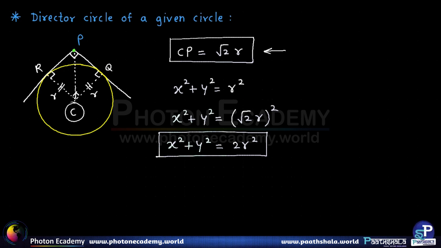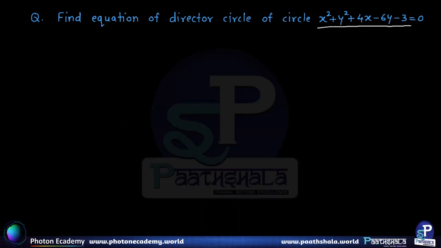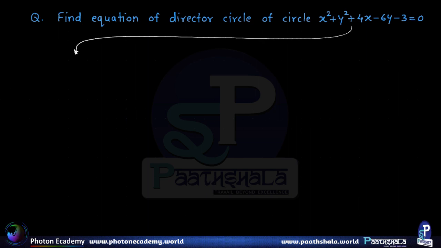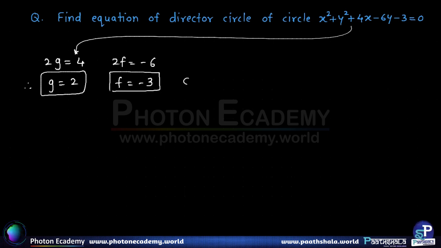So let us see one example in which we have to find the equation of the director circle of the circle x square plus y square plus 4x minus 6y minus 3 equal to 0. First of all let us get the center and radius of this circle. Comparing, we get 2g is equal to 4, so g is equal to 2. Then 2f is equal to minus 6, so f is equal to minus 3, and c is minus 3 in the general form.